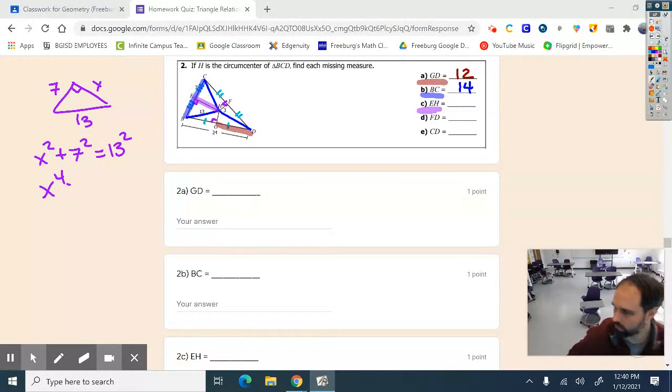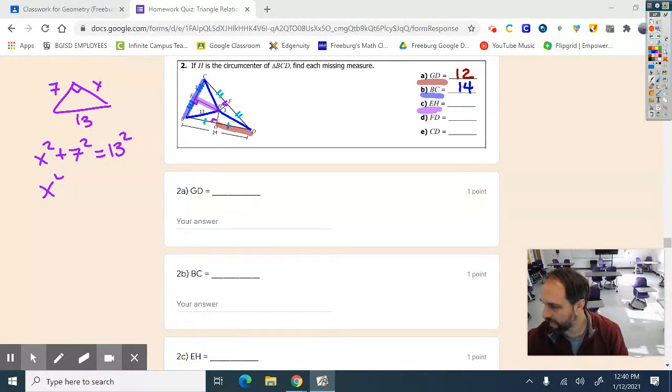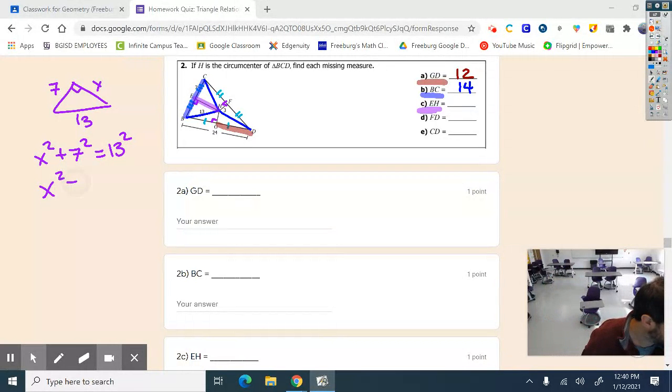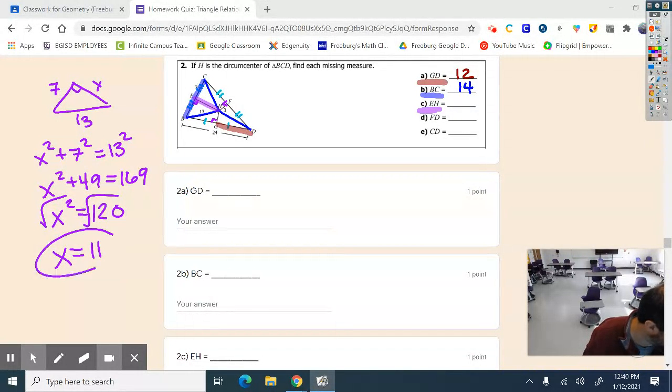x squared plus 49 equals 169. x squared equals 120. So then square root of both sides here, x will equal pretty much 11, right? This might be 10.9.